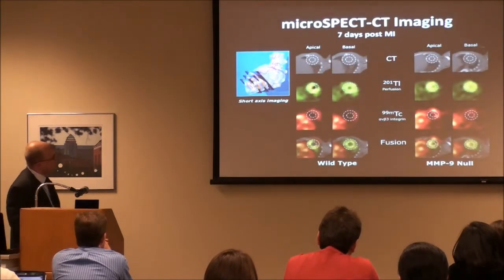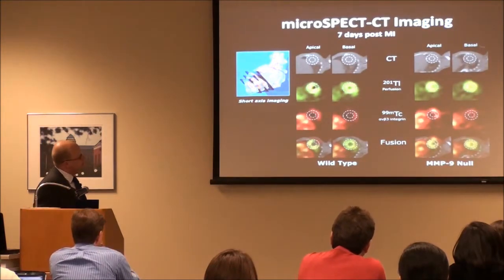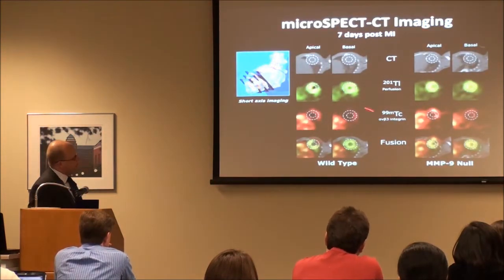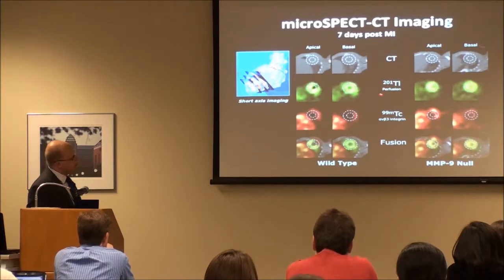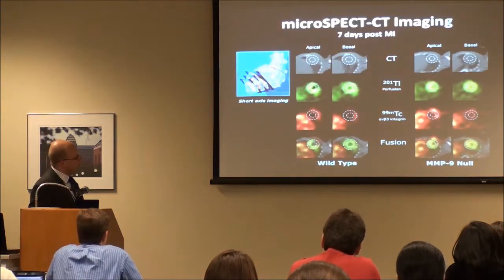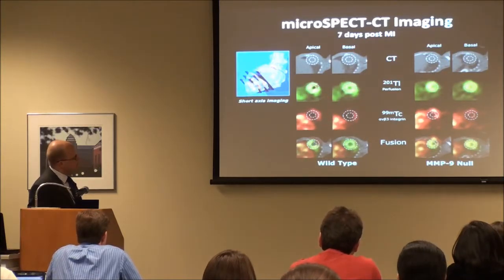We imaged those with our agent targeted to alpha V beta 3 integrin, and also with the agent which shows the perfusion in the heart. The typical perfusion of a healthy heart looks like a donut shape, like this. This is the basal slice of the heart of a wild type mouse. However, if we have the infarct, which was in more apical sections, we see this defect in the perfusion.